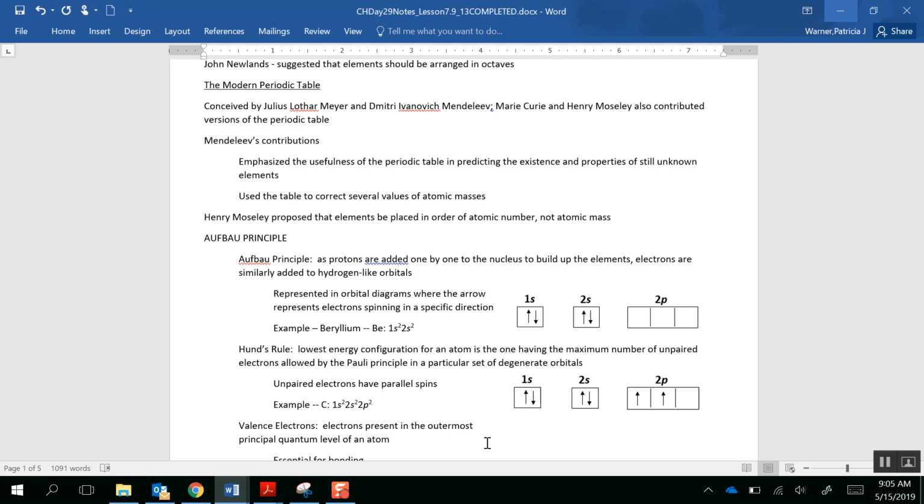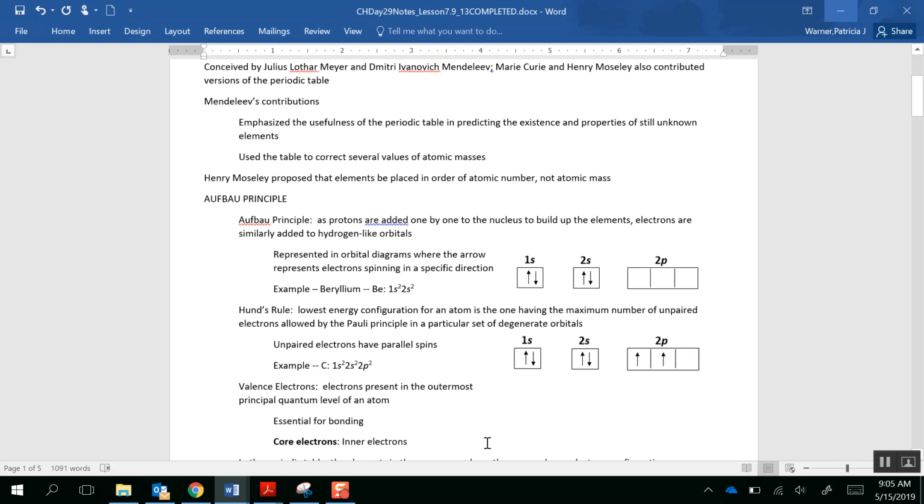So if you look at the electron configuration of beryllium, it fills the 1s orbital and then the 2s orbital, because beryllium is element number 4, has atomic number 4, and therefore will have 4 electrons in its atomic structure.